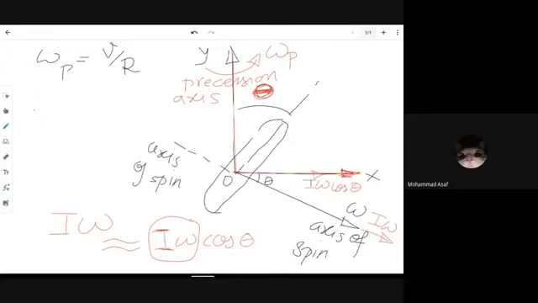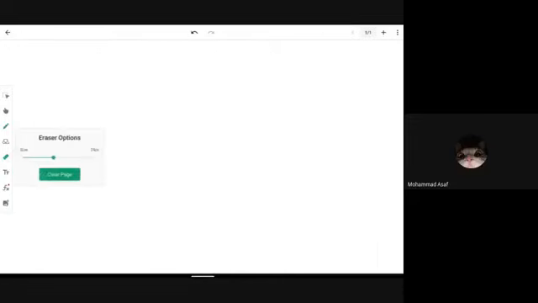What we have to do now is simply rearrange this term corresponding to what we have already derived for I omega. That means we have to replace I omega with the same term that we have already derived and multiply the whole term with omega p. This is the only thing left now.